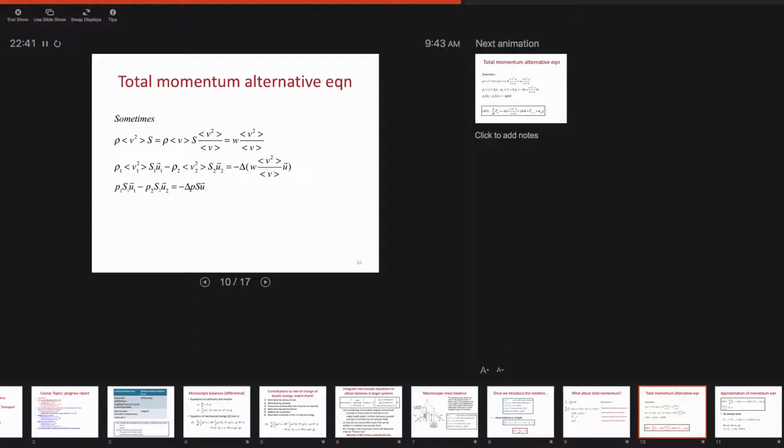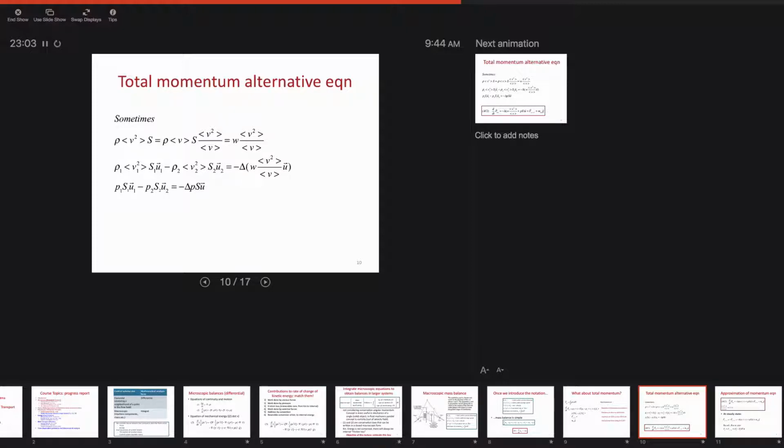Average means integration. Integration of V squared over the volume is not the same as the square of the integration of V. It'd be nice, but it's not.